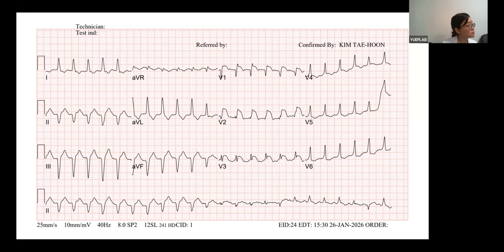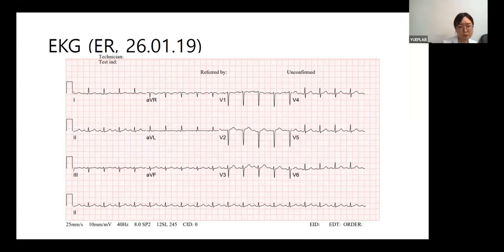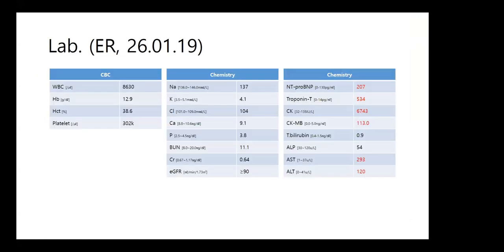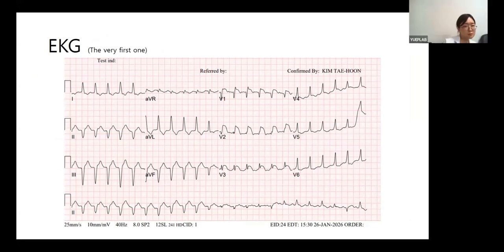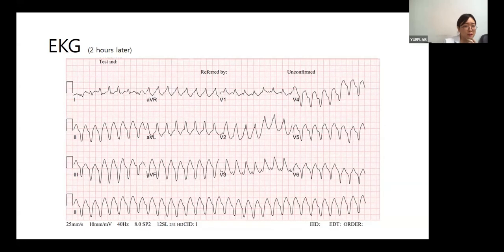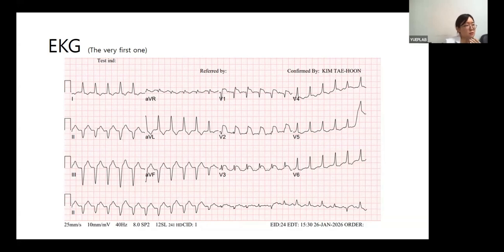So was there a further coronary event during follow-up? Initially the ST elevation was shown in all leads, right? Do you have the previous ECG? Yes, let's review. Myocarditis, acute circulatory event. This was the very first one before the CT, and 2 hours later it changed to this. But prior to this ECG, I don't have one.